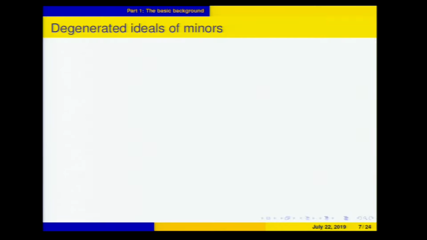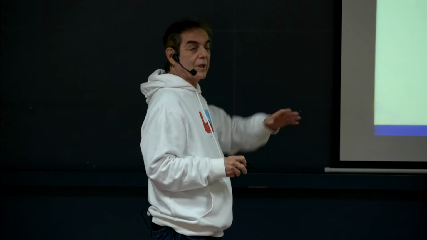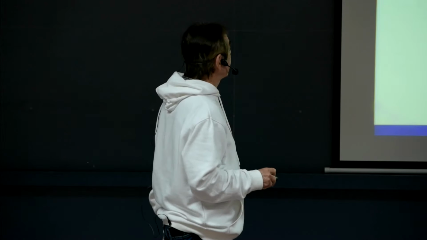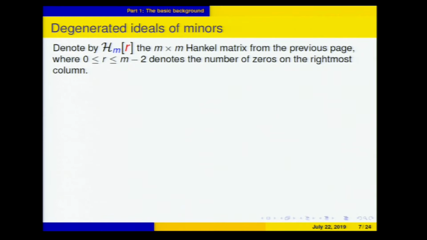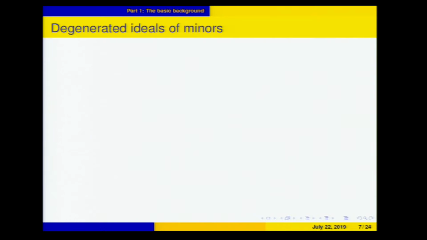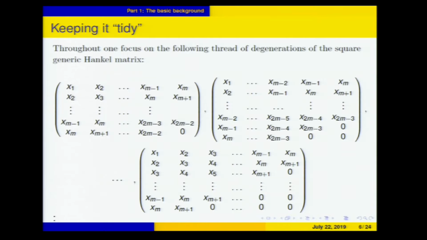So let's look at the minors as we did for the generic case, now at the degenerated case. We need some notation. This H_m[R] is the Hankel matrix from the previous page. It is any of these, where R means the number of zeros on the right column here.